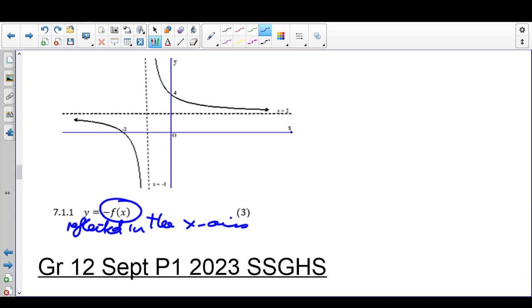If something is reflected in the x-axis, what happens? Y becomes negative. So all the y values become negative. So that y is equal to 2, sorry, now becomes y is equal to negative 2. We're going to use the red here so that you can see it clearly. Y is equal to negative 2.